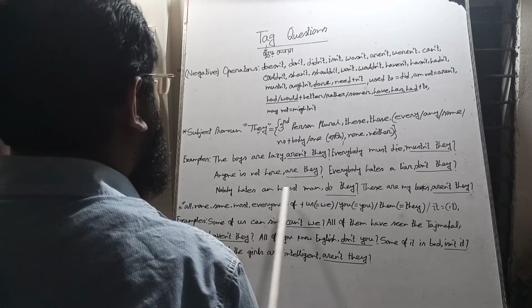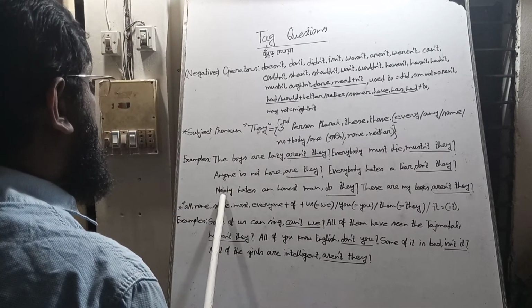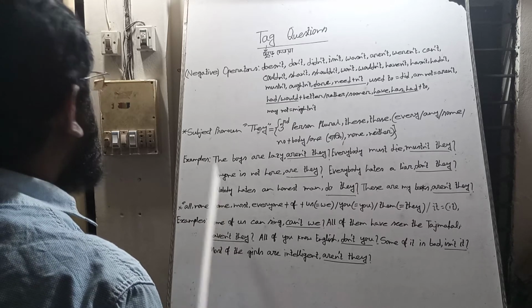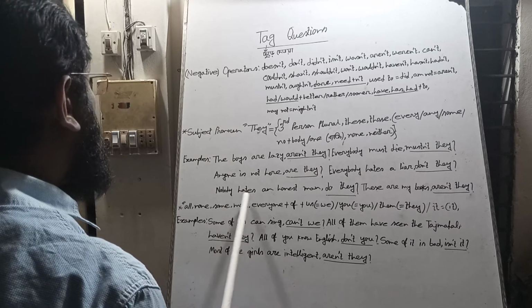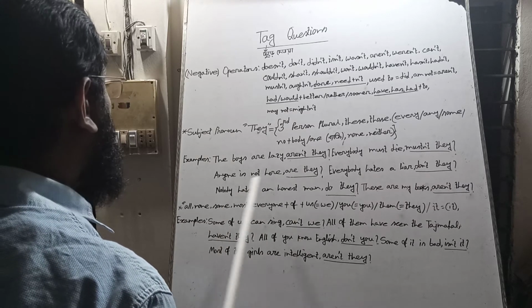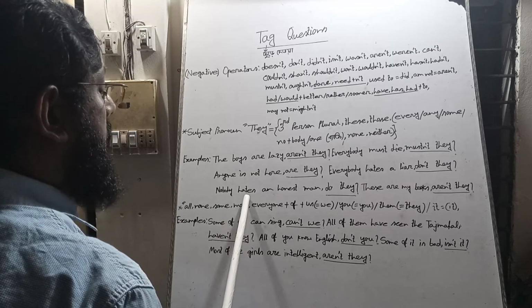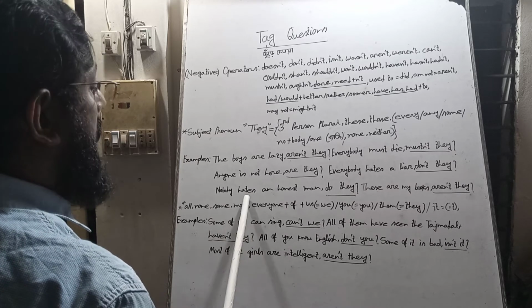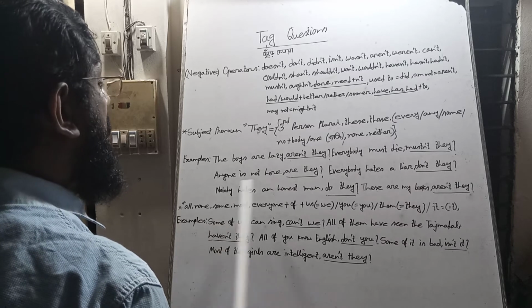Nobody hates an honest man. Nobody is third person singular. It is a universal truth, and so the present indefinite tense is used here, and nobody is third person singular, so the verb hate takes s. But instead of nobody, we use they.